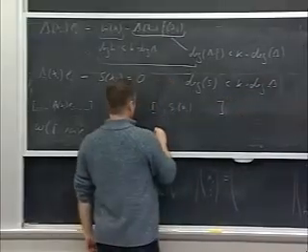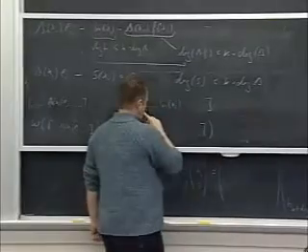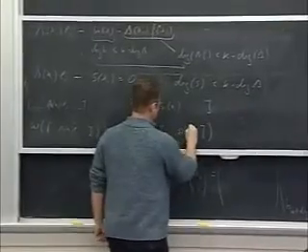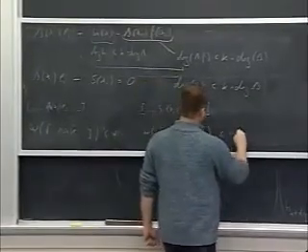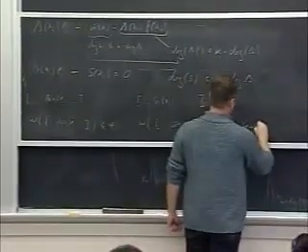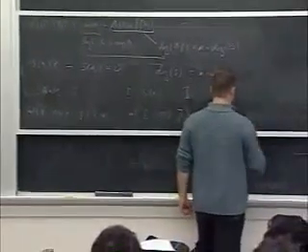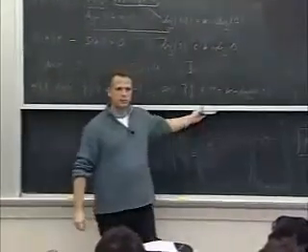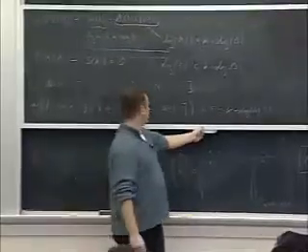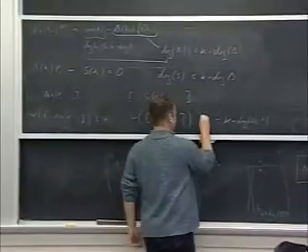So we have that the weight of this vector is greater than or equal to n minus k plus degree lambda minus 1 plus 1, maybe, because of the minus. It's greater than or equal, sorry.